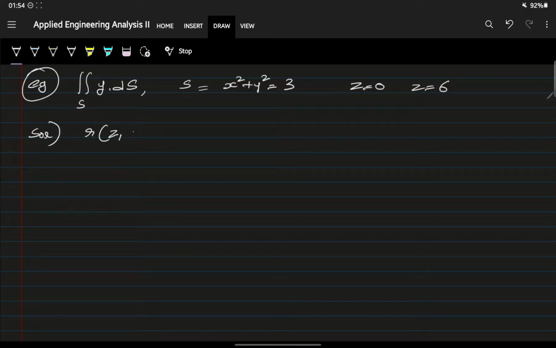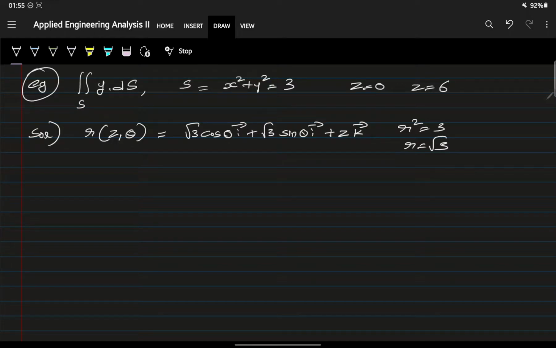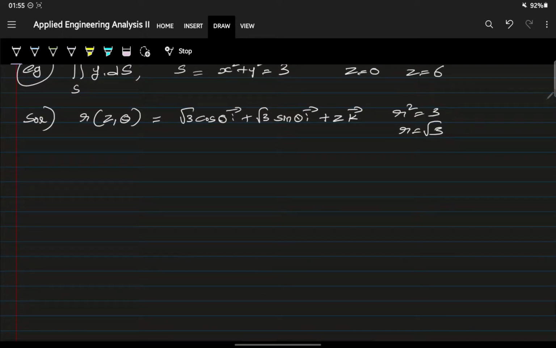Since we have the value in z and the angle circle, we can take z and theta as our parameter coordinates, then this becomes x is radius, here r square is 3, then r is root 3, so root 3 cos theta plus y is root 3 sine theta, and z is z.